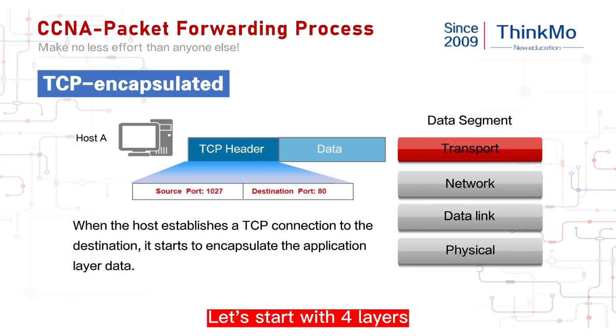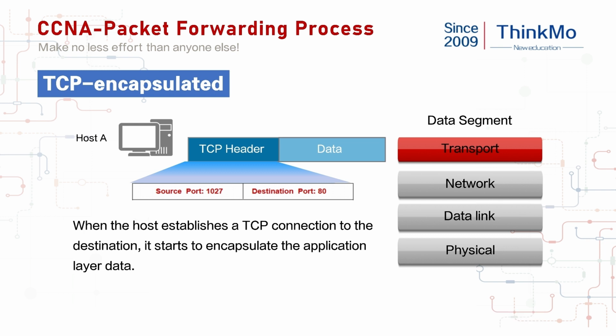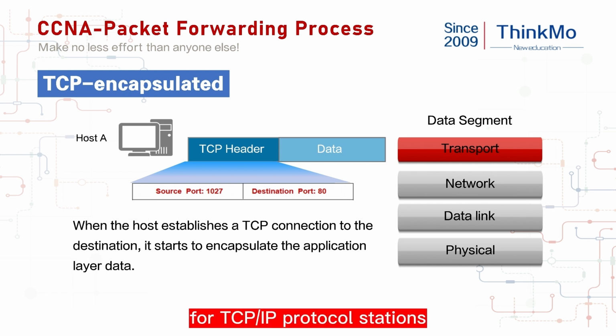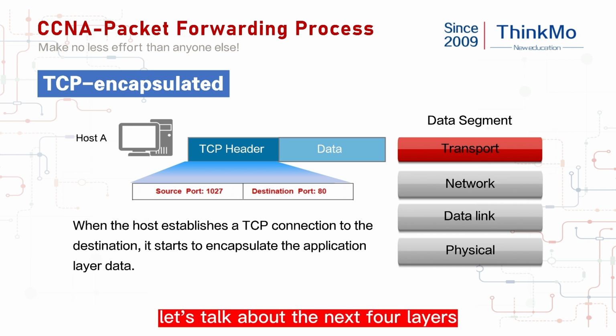Let's start with the 4 layers. The first lesson covered the OSI 7-layer reference model. The upper 3 layers are the application layer, presentation layer, and session layer. These 3 are combined into one big application layer in the TCP/IP protocol stack. As network workers, let's talk about the lower 4 layers.